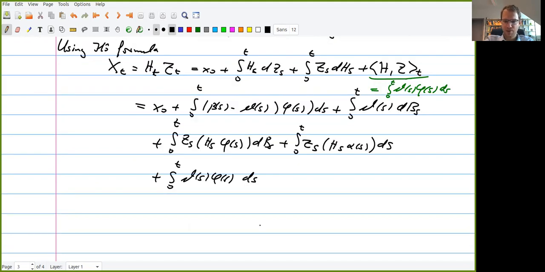All right, and now I put everything together, and then I'm done. Okay, let's sort it out. So this is alpha times x_t plus beta, which comes from here, ds, plus, and now I put all these remaining integrals together.